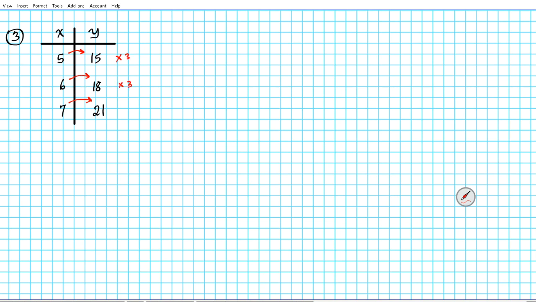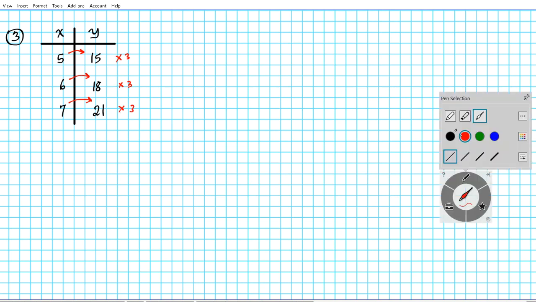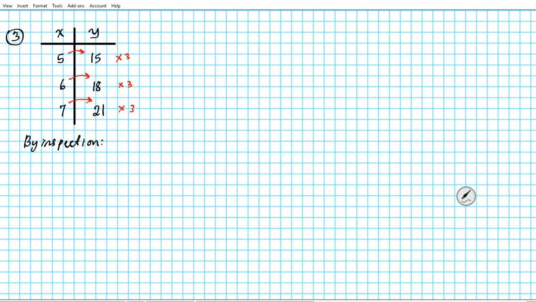Times 3 again. 7 to 21? Times 3. Since we're multiplying by the same number every single time, we can conclude that this is a direct variation. By inspection, the constant of variation is 3.